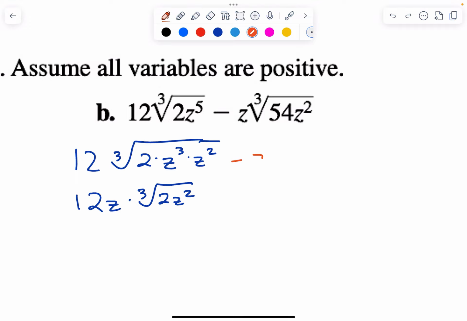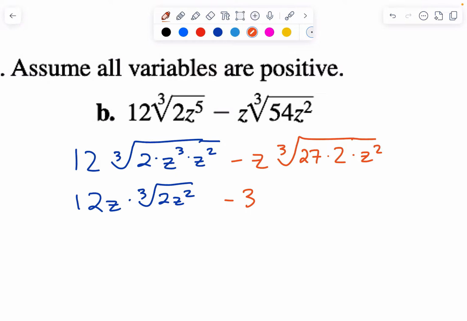No, but I can break it into the cube root of 27 times 2. And then z squared, I can't do anything with that. So this is equal to 3z times the cube root of 2z squared.